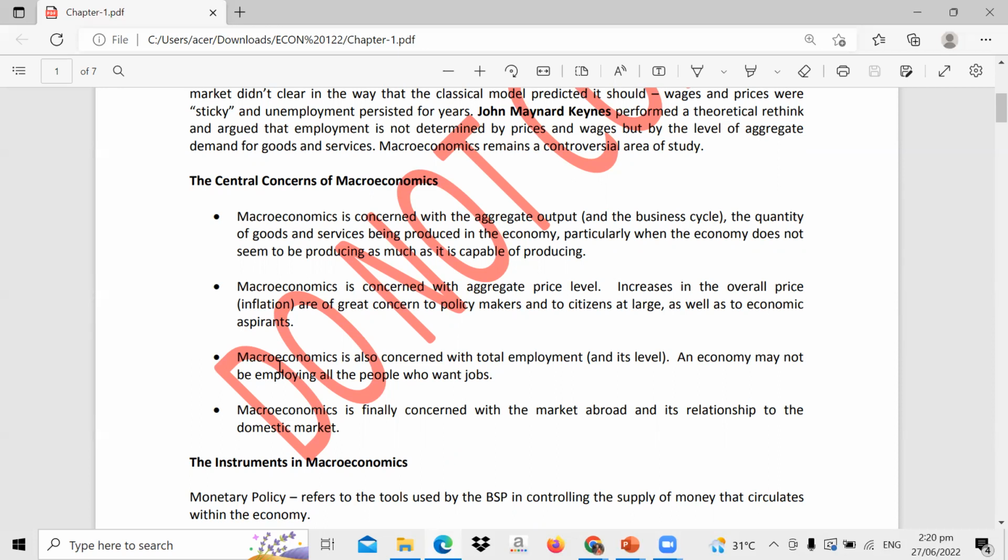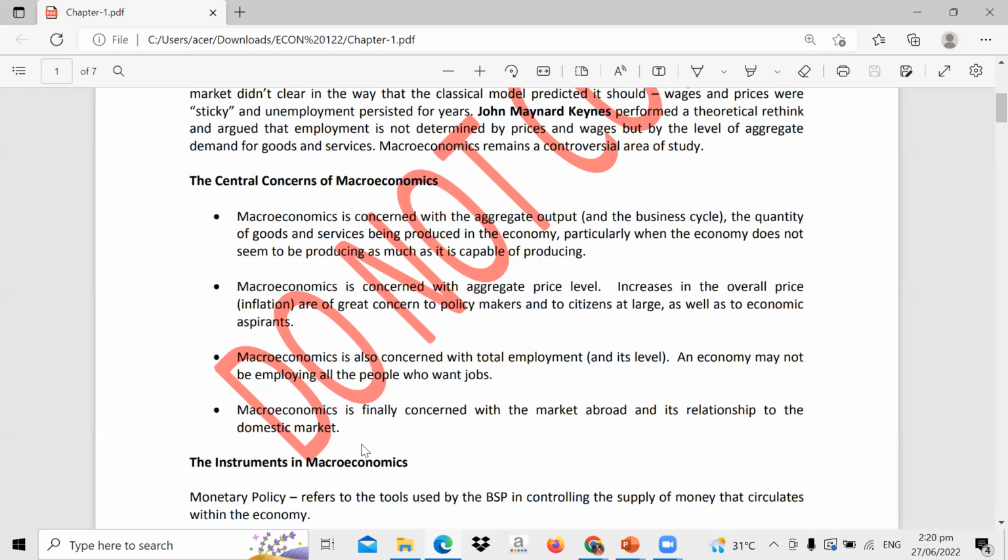The third one, it is also concerned with the employment rate, the total employment and its level. An economy may not be employing all the people who want jobs. So we'll look into the employment rate of a particular economy, the unemployment rate. So that's part of macroeconomics.